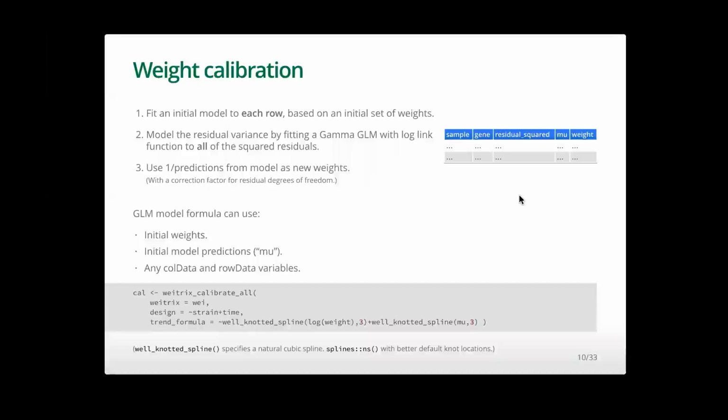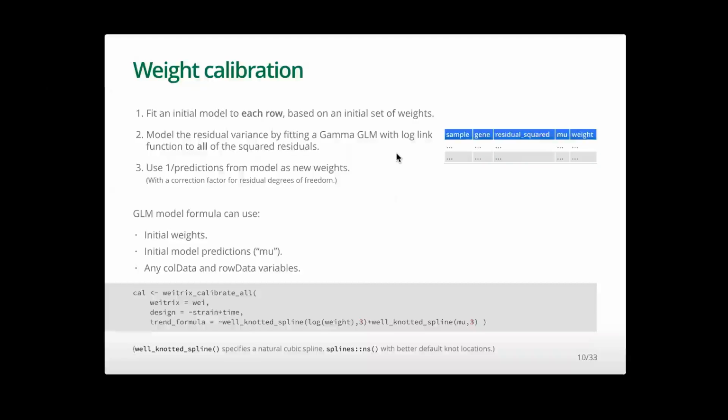So how can we get some better weights using the information that we have available? We've got an initial fit, and we've got residuals from that. I'm going to put all of that into a big data frame in long form, so each row represents one residual.